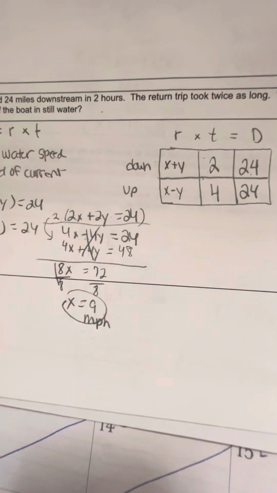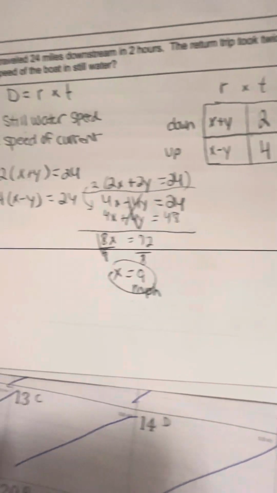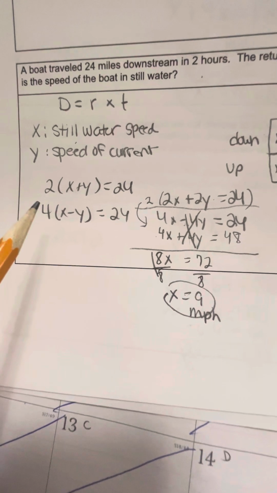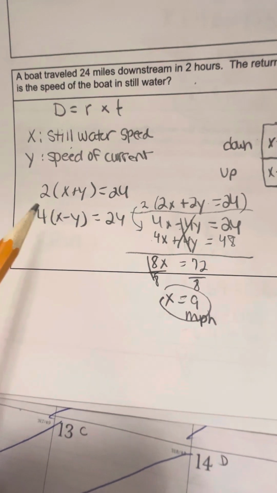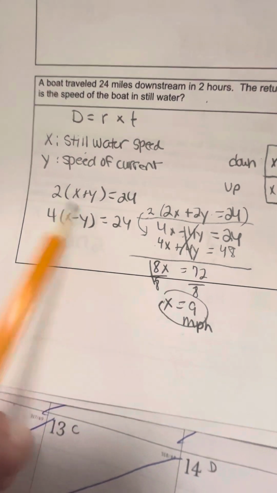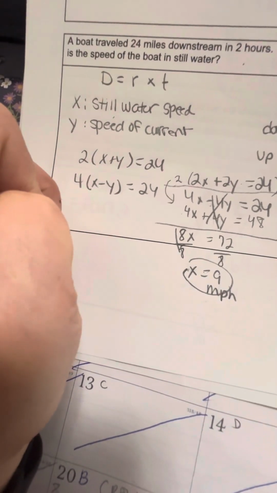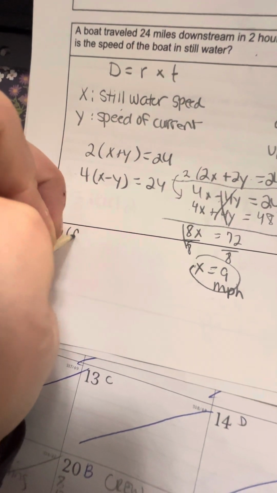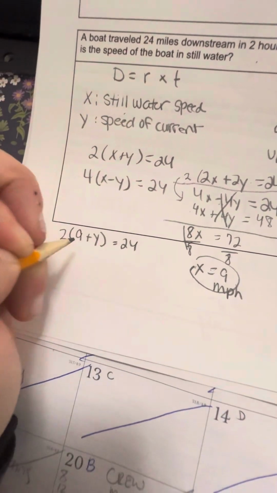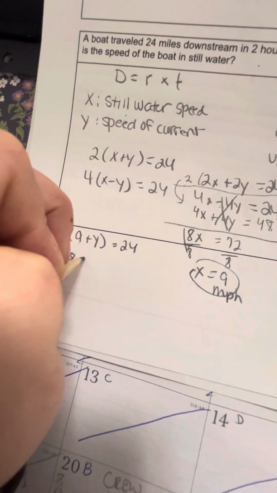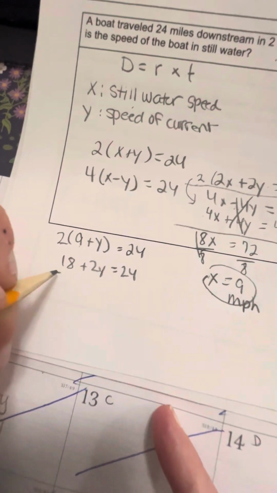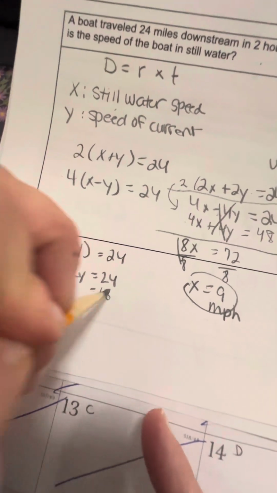And then we can go back over here and solve for the other one. So again, it doesn't really matter which one you choose. I'm just going to go here. If I plug in x here with 9, we've got 2 times 9 plus 2y equals 24. 2 times 9 is 18, plus 2y equals 24, minus 18 on both sides.